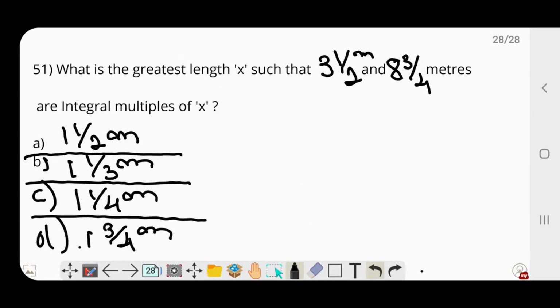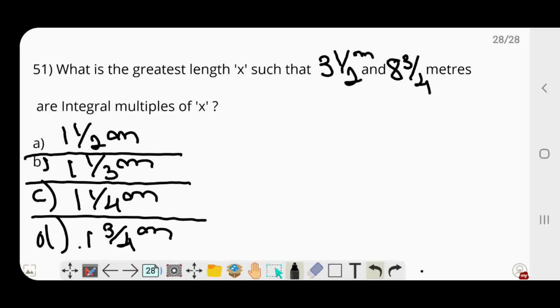So we are in the 51st question. What is the greatest length x such that 3 1 by 2 meters and 8 3 by 4 meters are integral multiples of x? Option A: 1 1 by 2 meter, option B: 1 1 by 3 meter, option C: 1 1 by 4 meter, or option D: 1 3 by 4 meter.